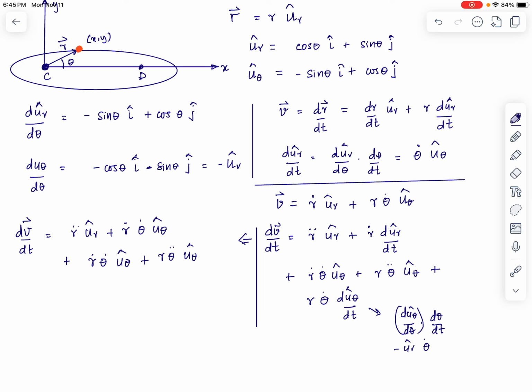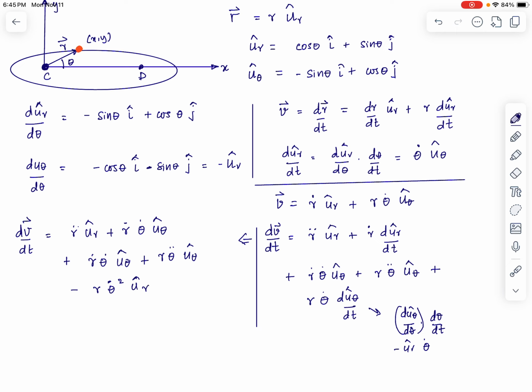So you can write this as minus r theta dot squared times u hat of r. So that's what we have.